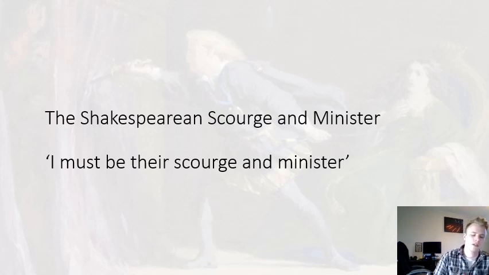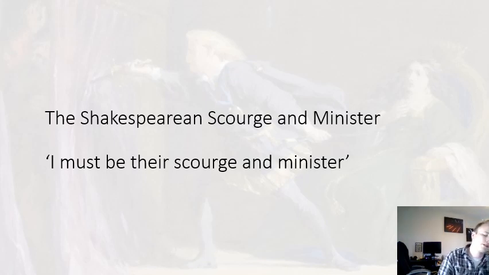So the scourge is the one who causes absolute chaos, causes destruction in order to cleanse through that destruction the sins of a place. So following the death and breakdown in Scotland, Macbeth is the scourge. He causes chaos for Malcolm as the minister to then come in and return it to order.